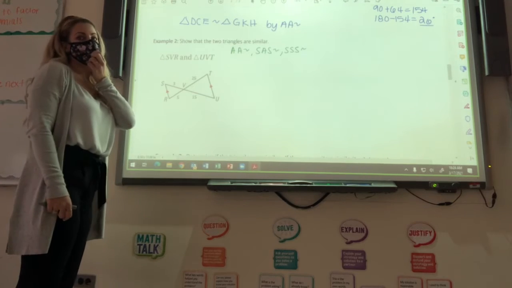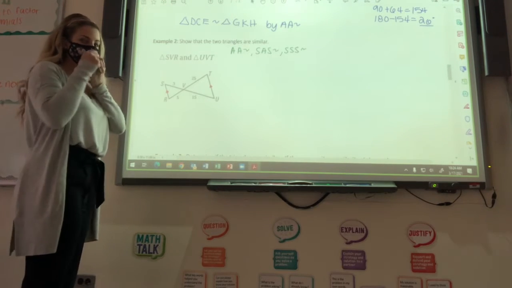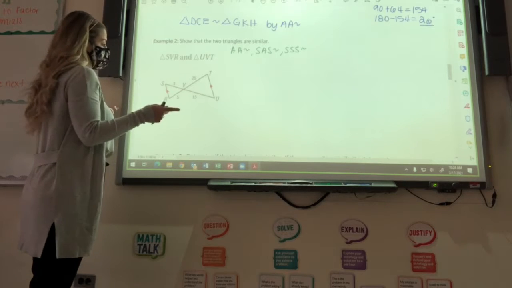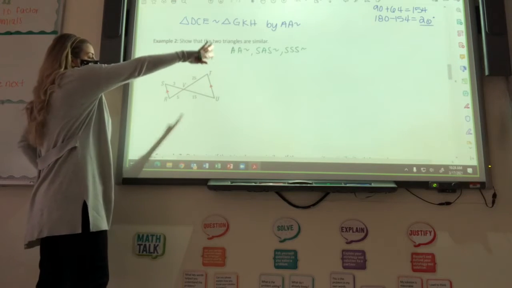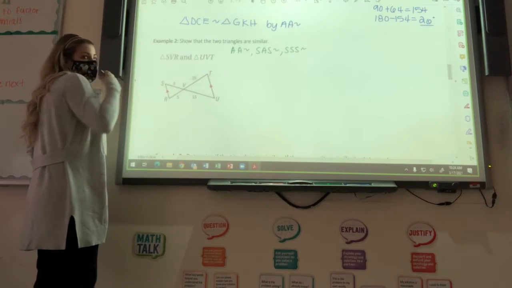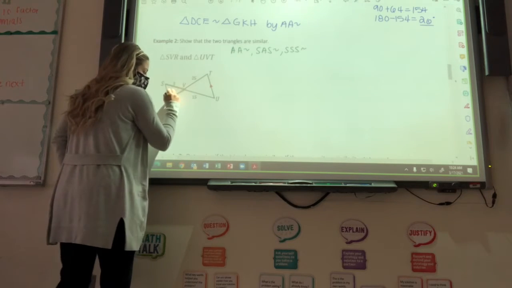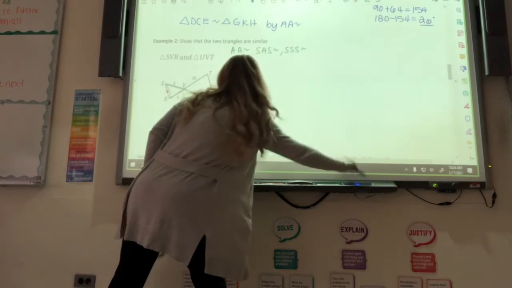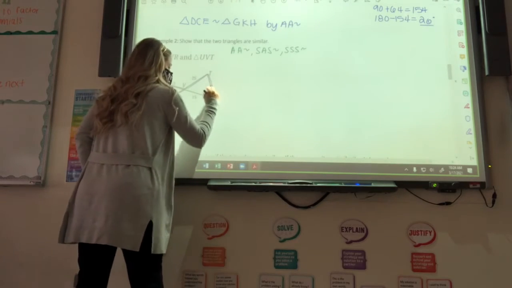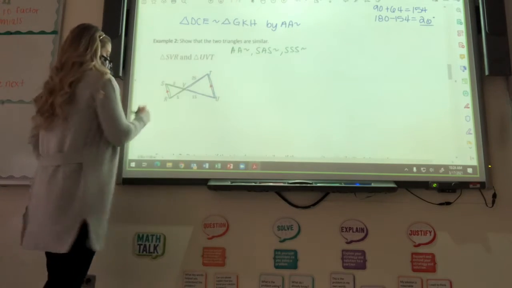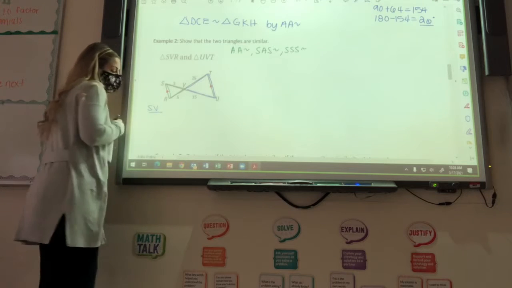Parallel. So you could technically, but we're not going to go there. Okay. So if we want to use side angle side, we need to show that the two pairs of sides that they're giving us have the same ratio. Okay, so I'm trying to compare this green triangle to the blue triangle. So SV.